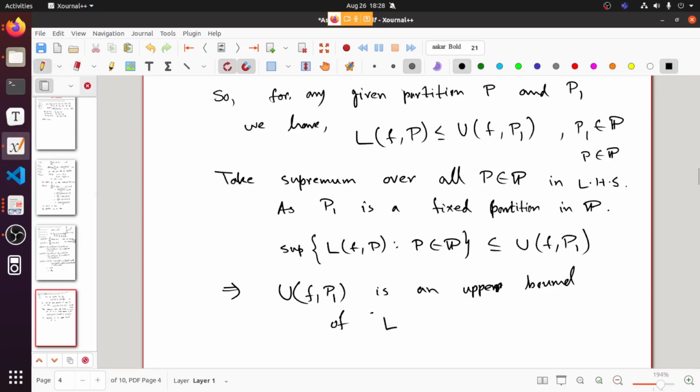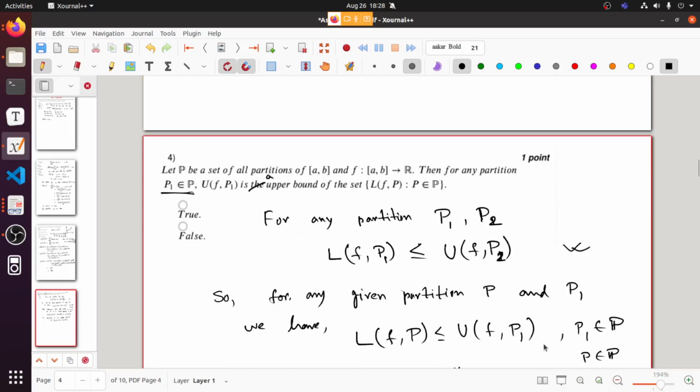So we have proved that UFP1 is an upper bound of this set LFP where P belongs to all partitions.